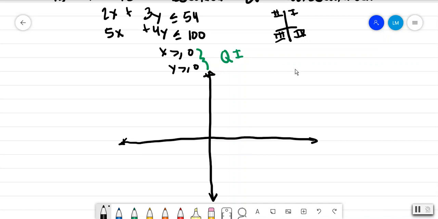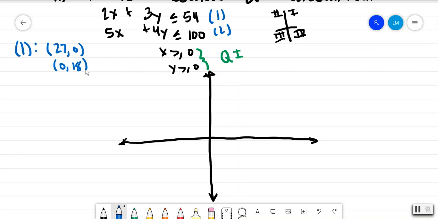Let's label these respectively. So you have 1 and then you have 2. Now with the first inequality, the x-intercept is going to be 27, 0, and then you have 0, 18.